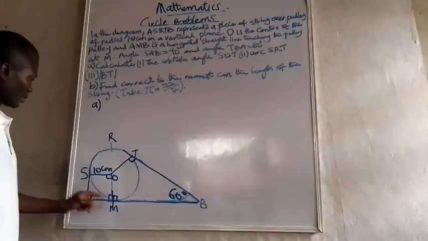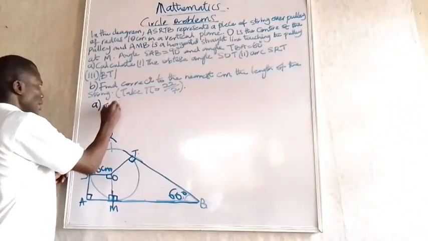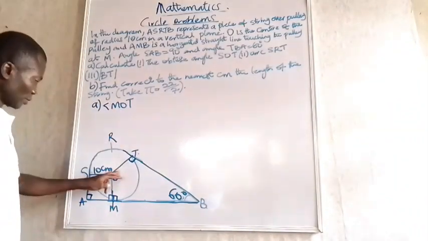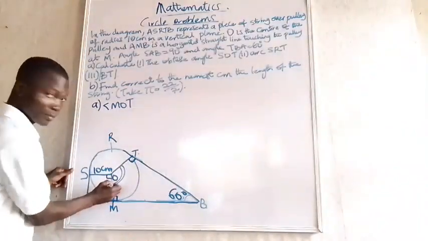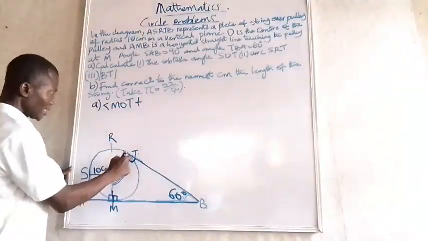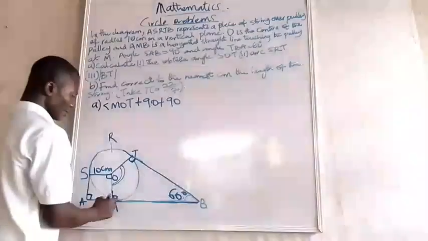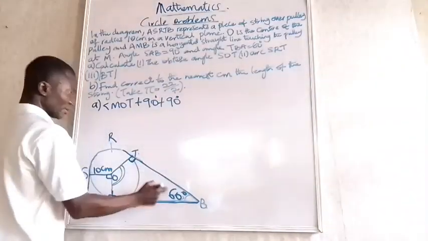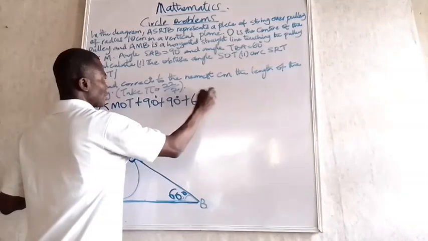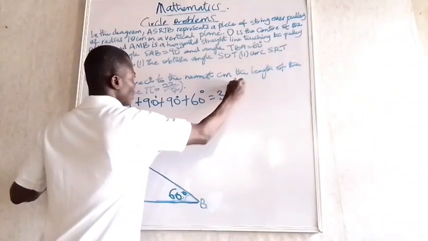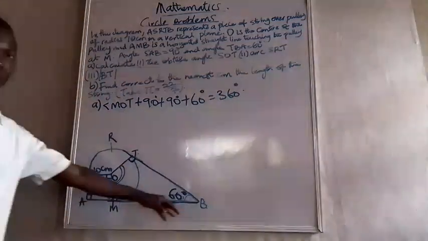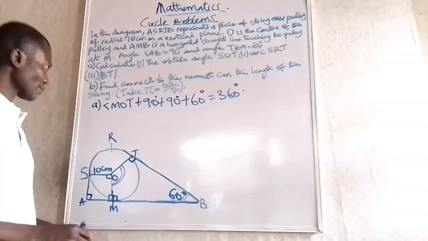So here, let's find this angle MOT. MOT plus 90 degrees, plus 90 degrees, plus 60 degrees is equal to 360 degrees, because that's the total angle in a quadrilateral.